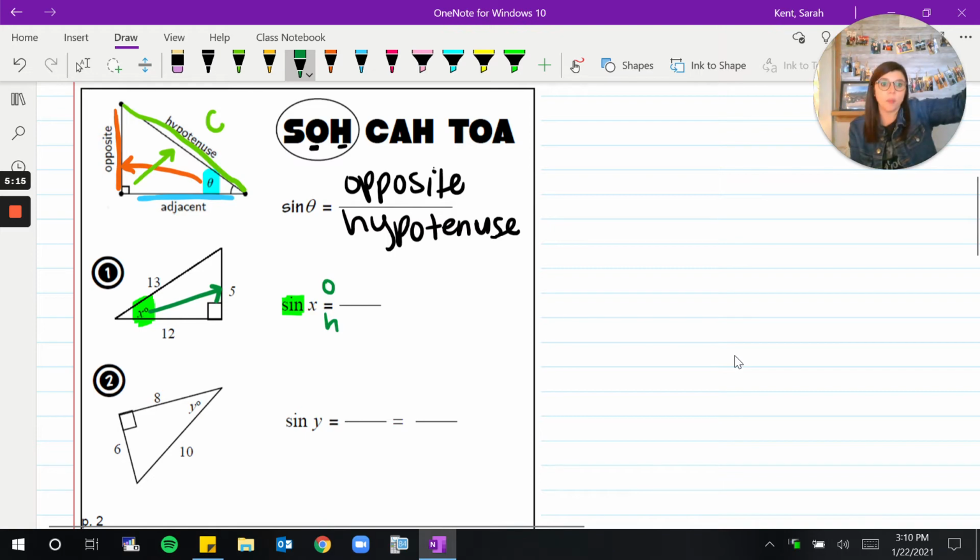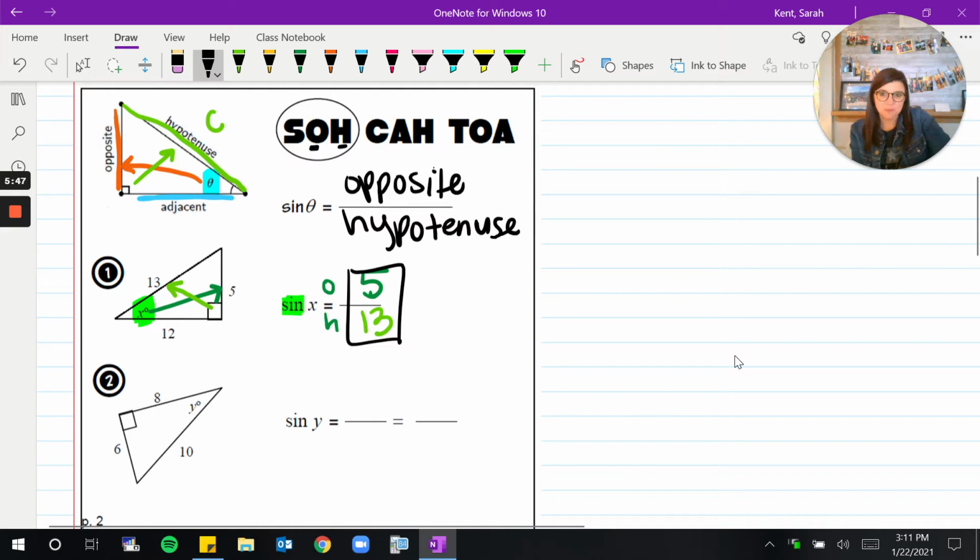I want to go opposite from it. So that is 5. So on top, I will have 5. And then our hypotenuse is always across from our right angle. So here's my right angle, and my hypotenuse is 13. So 5 over 13 would be the answer, and that's where we leave it.